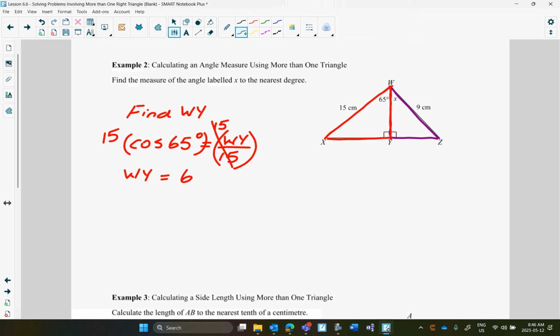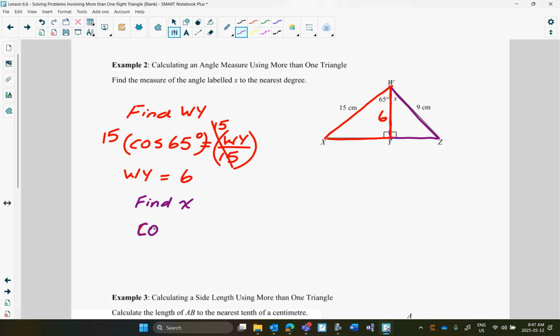Now we're ready to find angle X, because we know this side is 6. What trig ratio? This is the hypotenuse, so that takes out tan. This is the adjacent, so that does the cos.